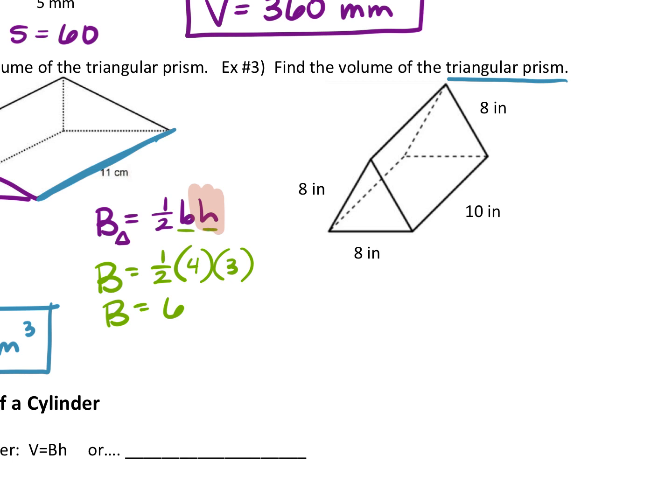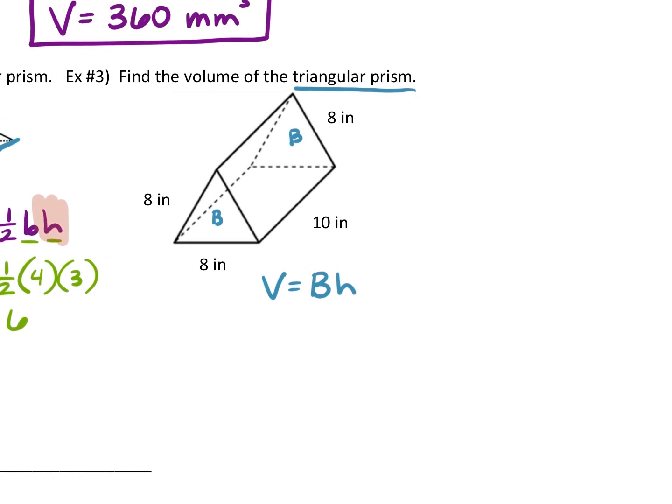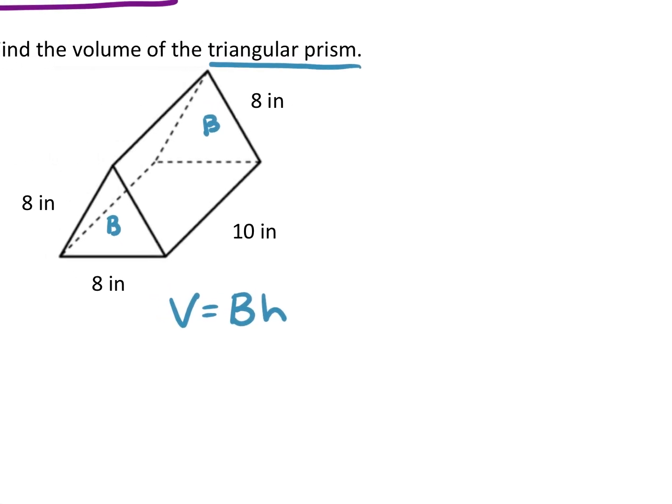So this is a base, right? We want the volume in a prism, which is B times H. So we need B, which is the area of the base. Okay, so your base being a triangle, what is the area formula? 1/2 times the base, lowercase b, times the height.